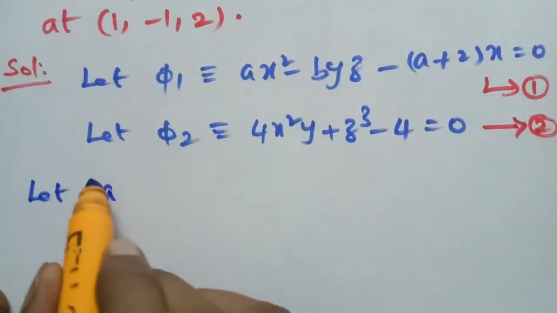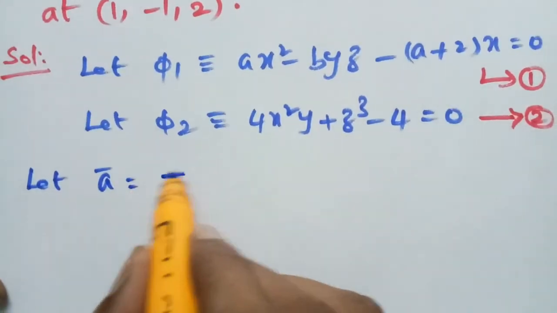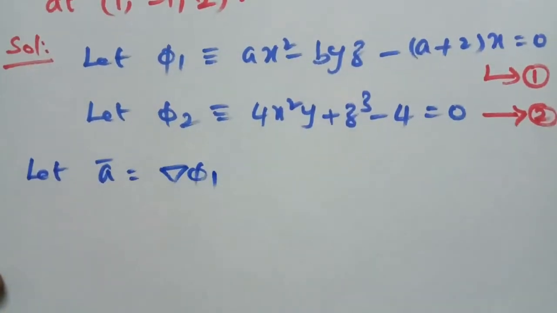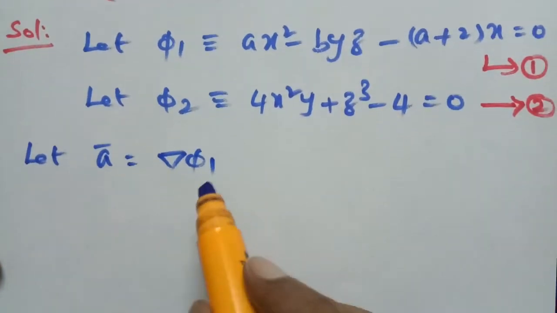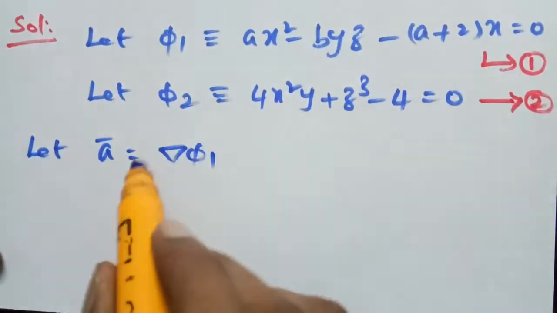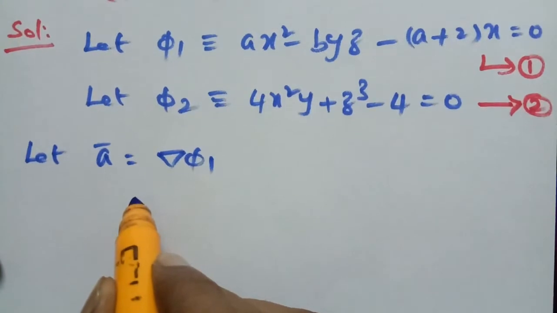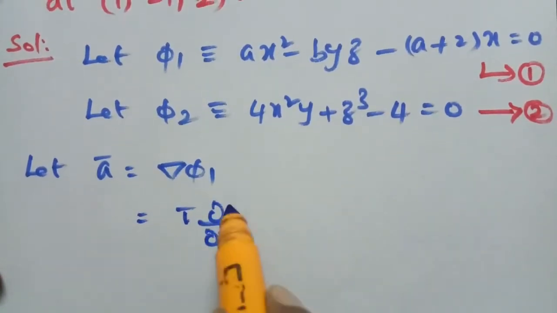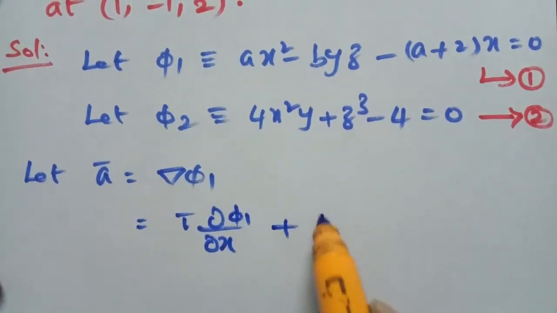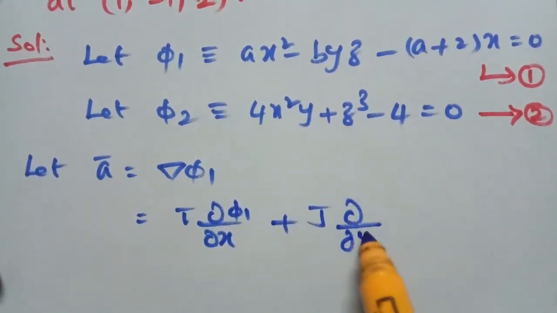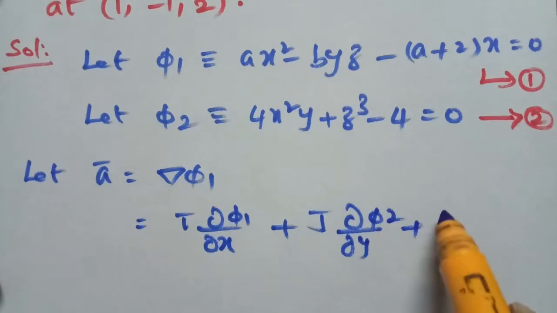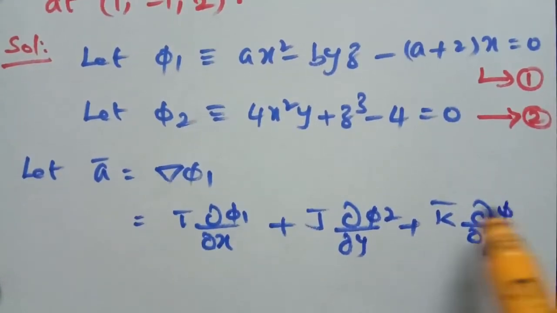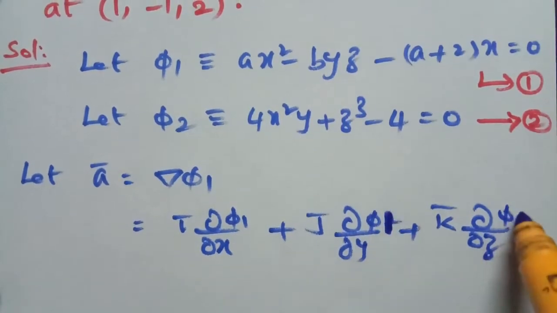Let a bar is equal to del phi 1. Therefore, this is equal to i bar dou by dou x of phi 1 plus j bar dou by dou y of phi 1 plus k bar dou by dou z of phi 1.